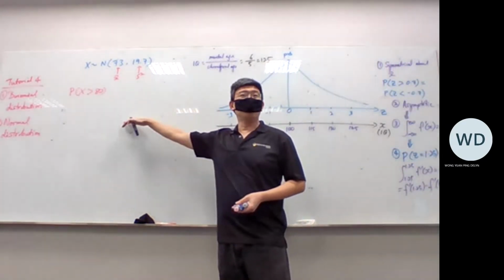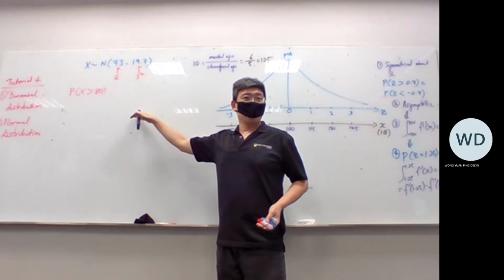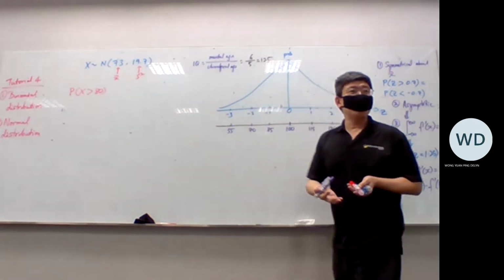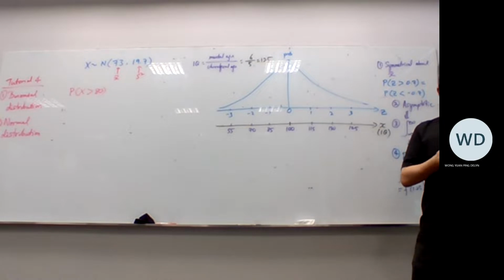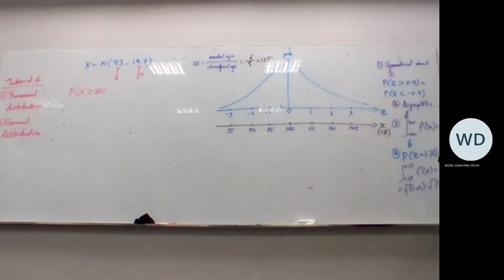It can go to negative, but it doesn't make any sense at all. But there is a practical limit. It can go to 0. Hopefully none of your IQ is 0. You would not be here anyway if you're 0.